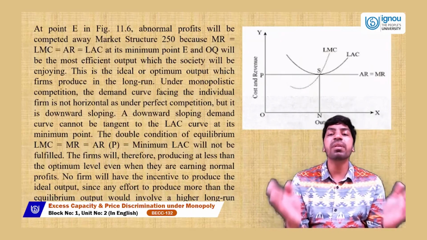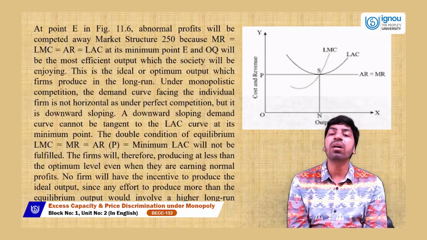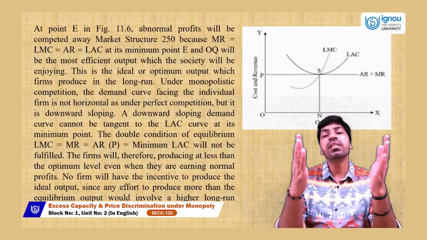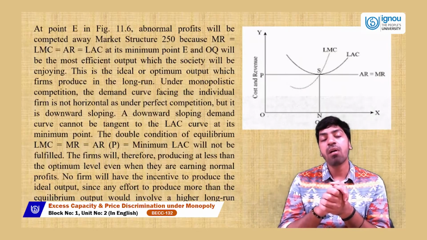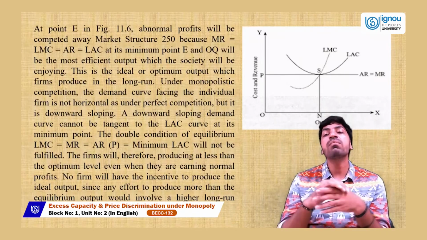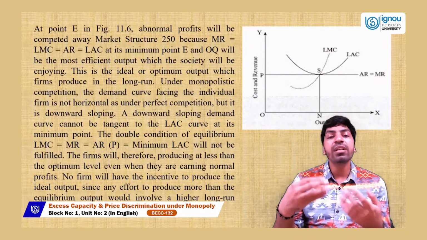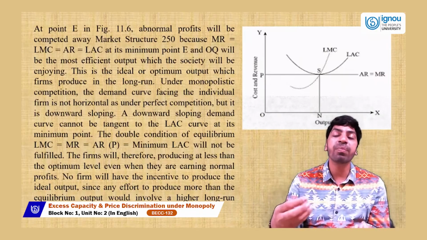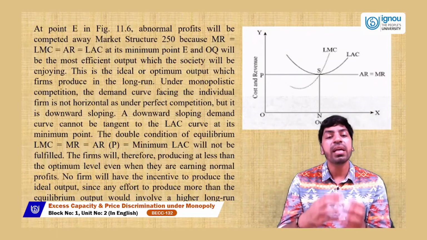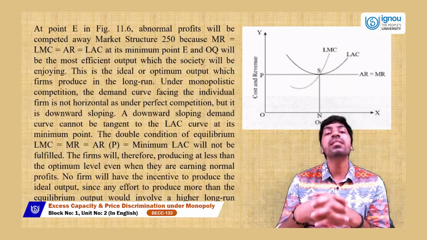So this is an explanation of how excess capacity would work if there are certain changes in the marginal cost in the long period, because marginal cost plays a very important role when firms produce maximum output in a case of excess capacity.